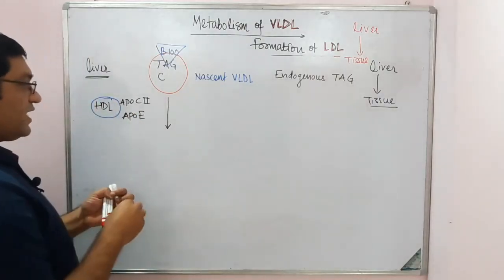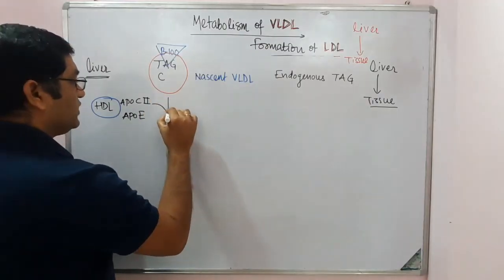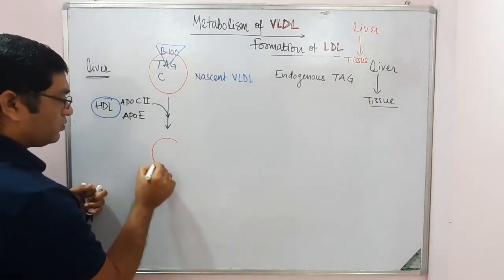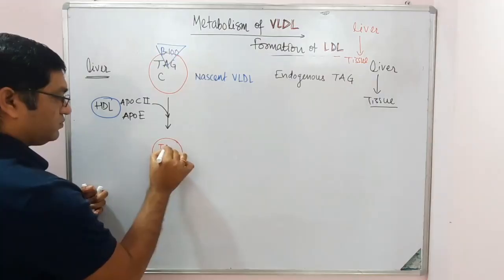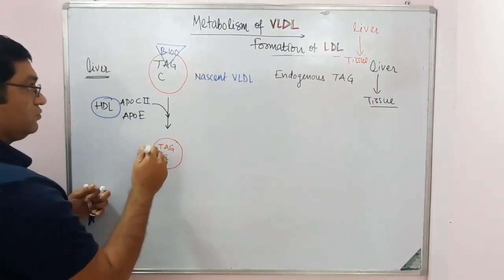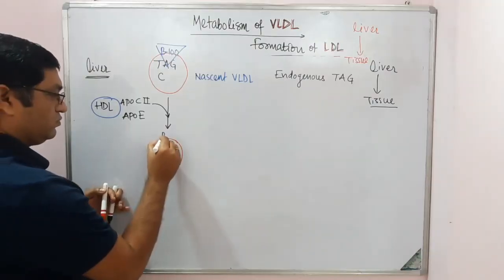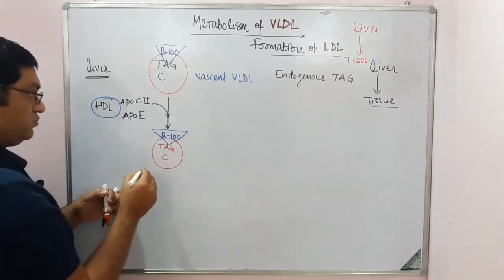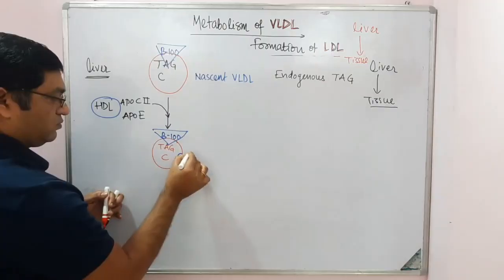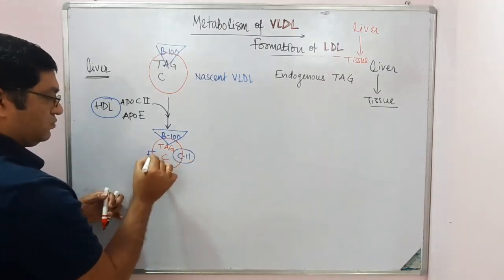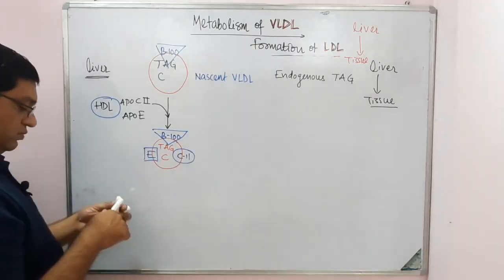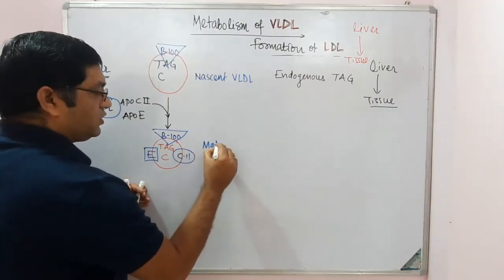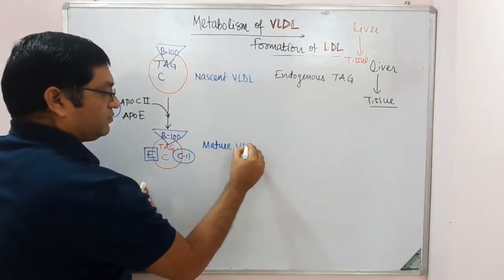So it acquires these two apolipoproteins from the HDL and is converted into mature VLDL.